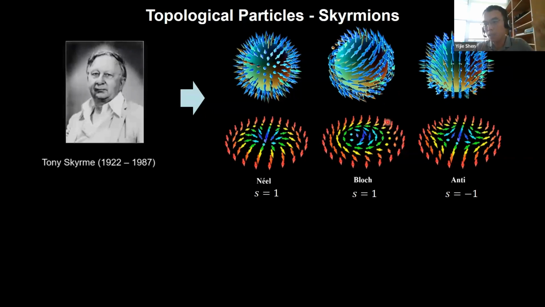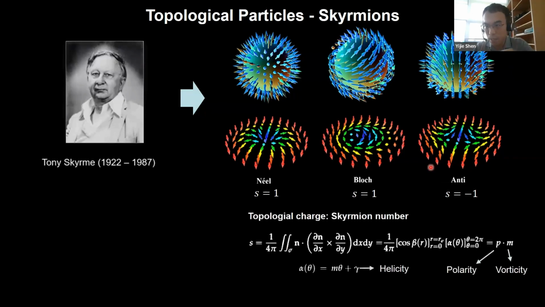You can also arrange some bundles on the spinning sphere and get some other kind of spin texture. And the diversified spin textures can be characterized by a topological invariant called the Skyrmion number. For instance, the hedgehog-like texture directly unwrapped from a sphere has a Skyrmion number of 1, so it's a Néel type. And it has the same topological number as the Bloch-type vortex.